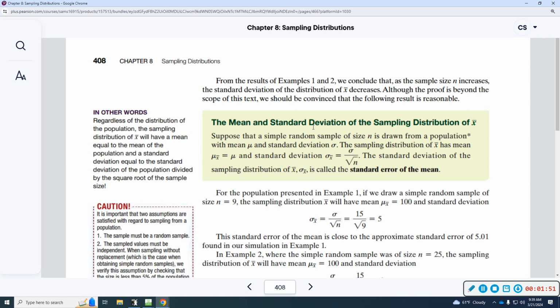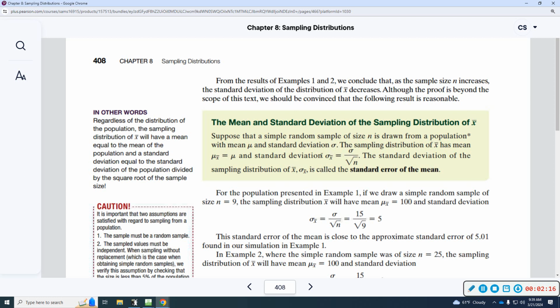When you do the standard deviation, you'll notice there's a little less spread in the sample than there is in the whole population, and the way we account for that is the standard deviation of the sample is going to be equal to the population standard deviation divided by the square root of n. So the sample mean is equal to the population mean.